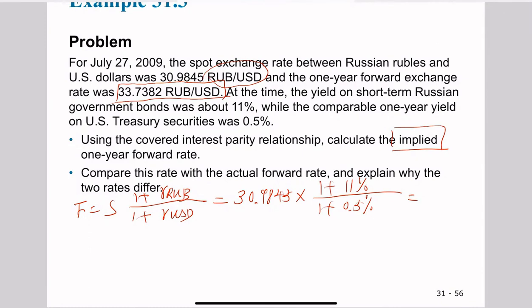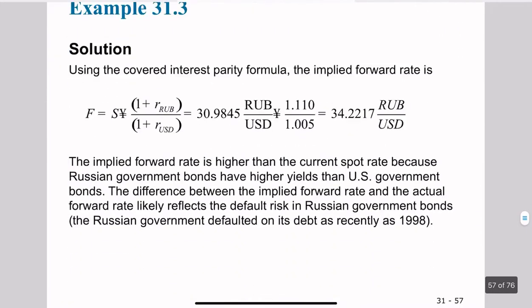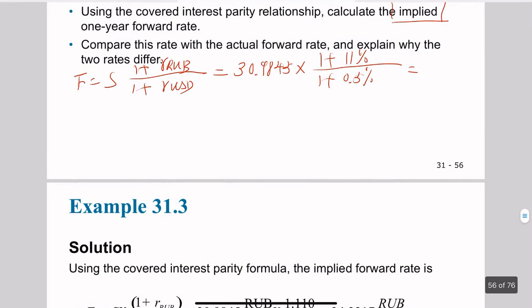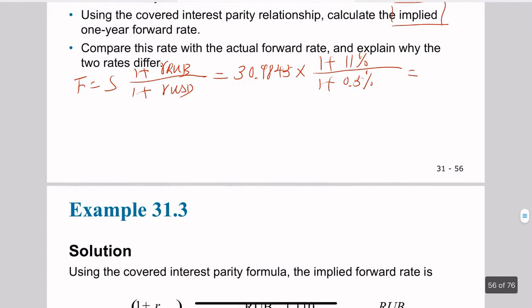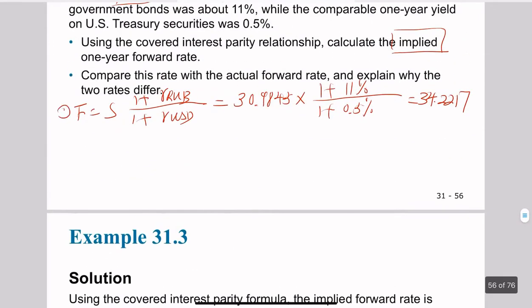So this gives us a number of 34.2217. So this is the first question. It's pretty simple. You're just plugging in numbers.